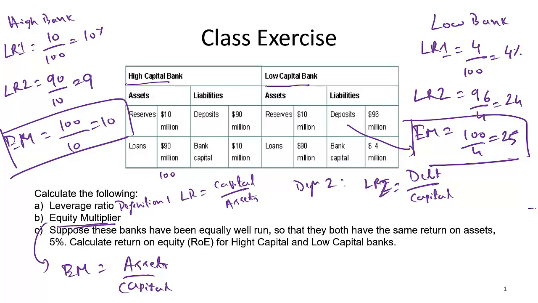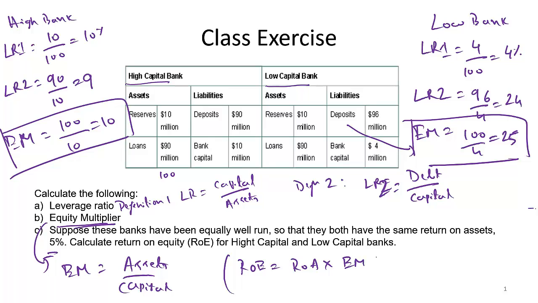Now finally, let's talk about question C: suppose these banks have been equally well run, so they both have the same return on assets of 5%. Calculate the returns on equity for the high capital bank and the low capital bank. We all know ROE can be calculated as ROA times equity multiplier.